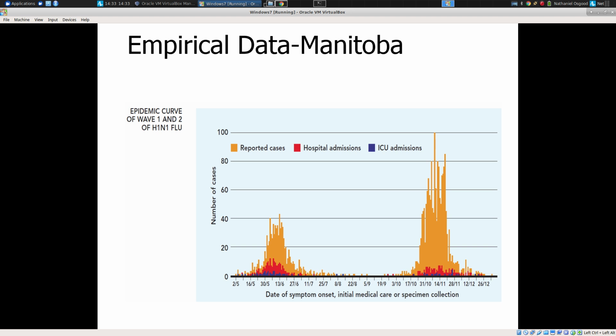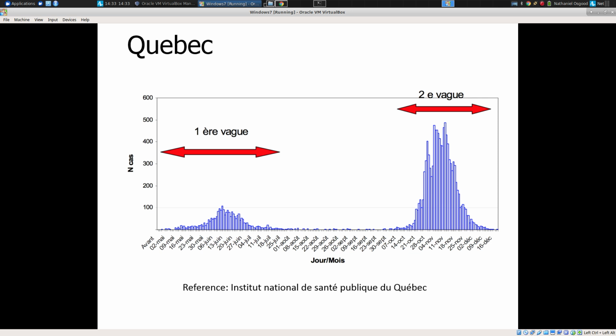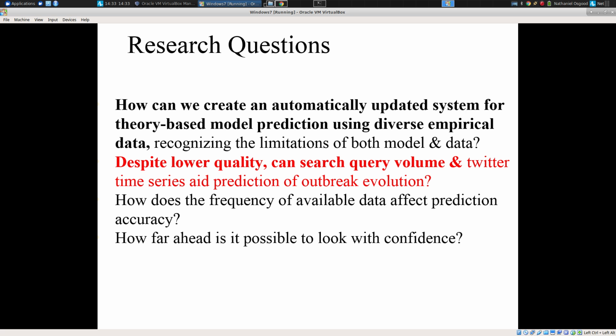Now, we had data from 2 big regions that we wanted to test this system on for effective prediction, using machine learning methods jointly with dynamic modeling. One of the sets of data was from Manitoba, where we had data from clinical diagnoses, ICU admissions, et cetera, and from Quebec, where we had data on 2 ways of infection.